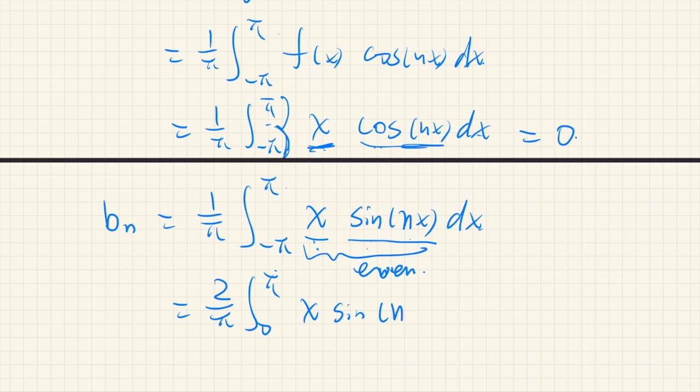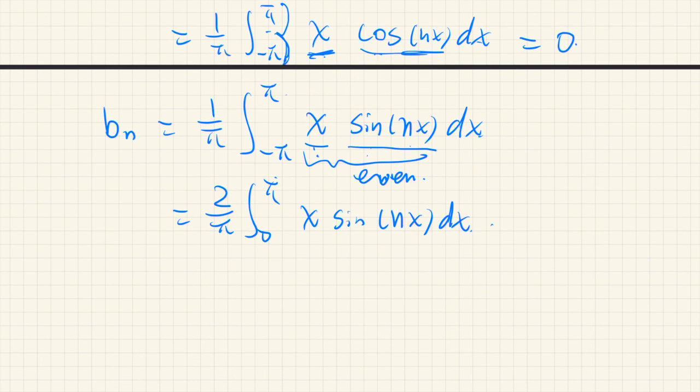We have the same result because it's symmetric around the origin. And if you do this by, for example, integration by parts, you should get this result: negative 1 to the power of n plus 1 times 2 over n.